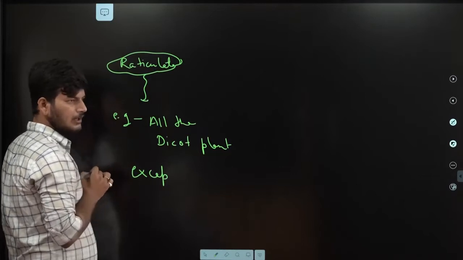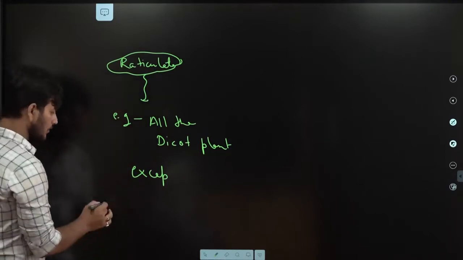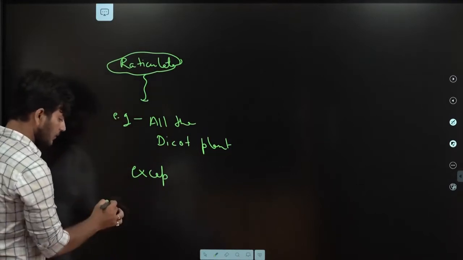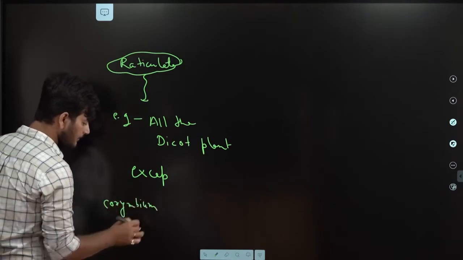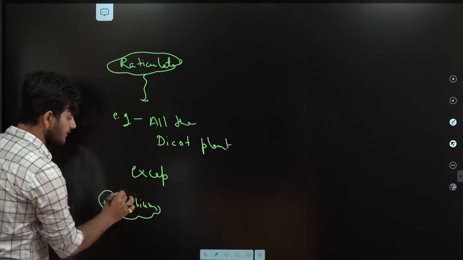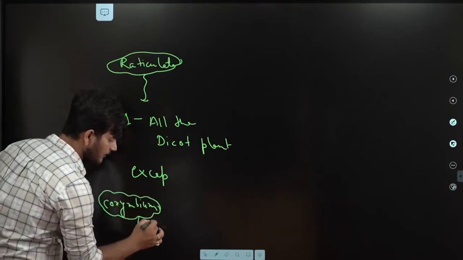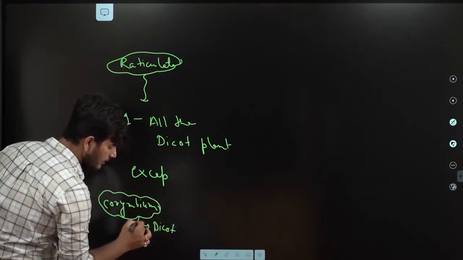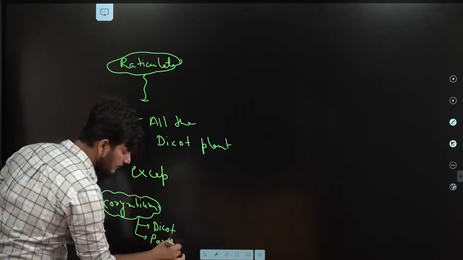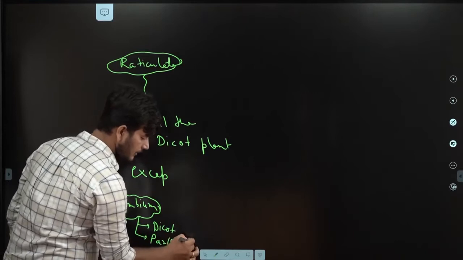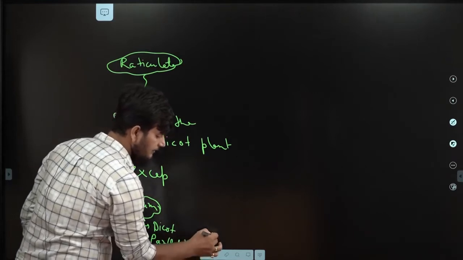For example, Codymbium. This plant is very interesting. It is a dicot, but it shows parallel venation. This is the interesting feature.